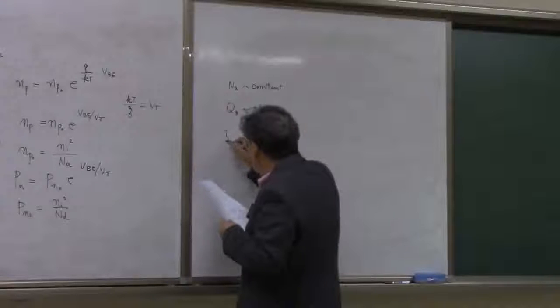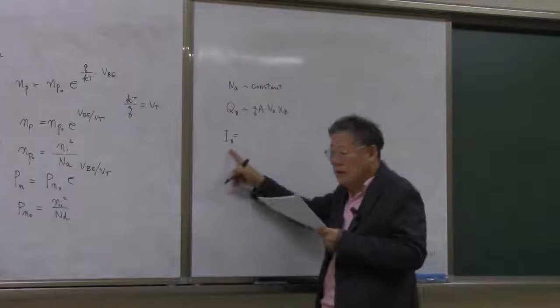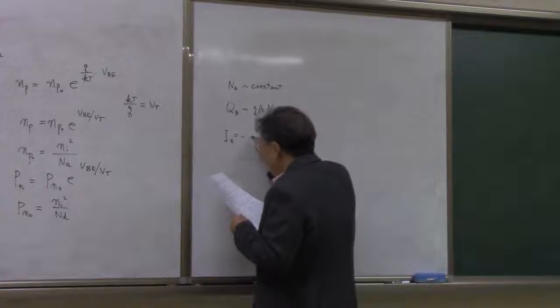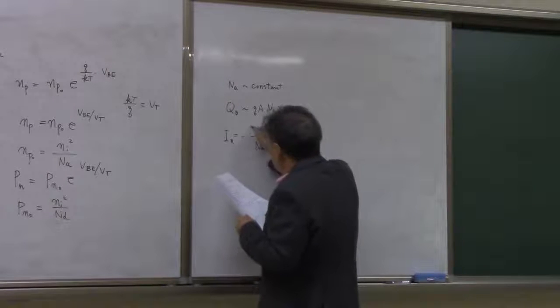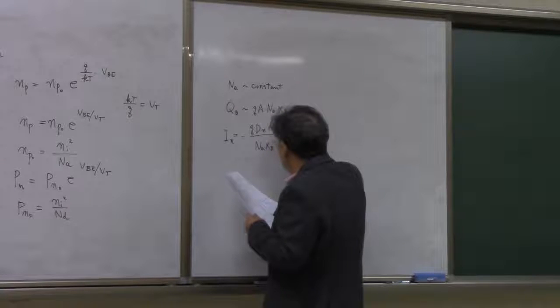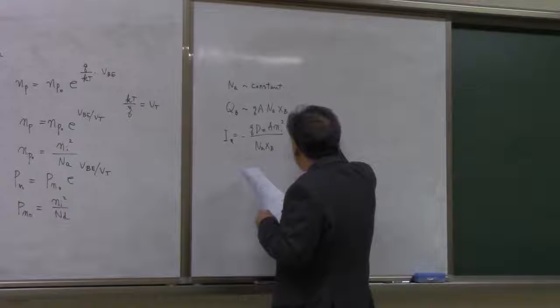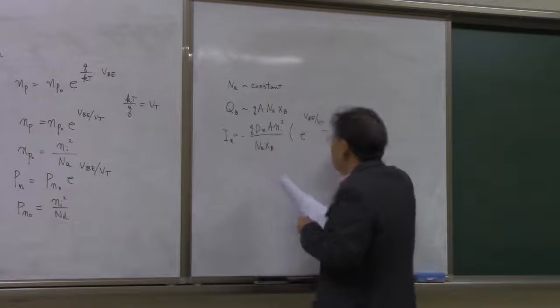Then last time we set the electron current, emitter current, excuse me, it's going to be A times Q times D_N times Ni squared over NA XB, and e to the VBE over VT minus 1, okay?